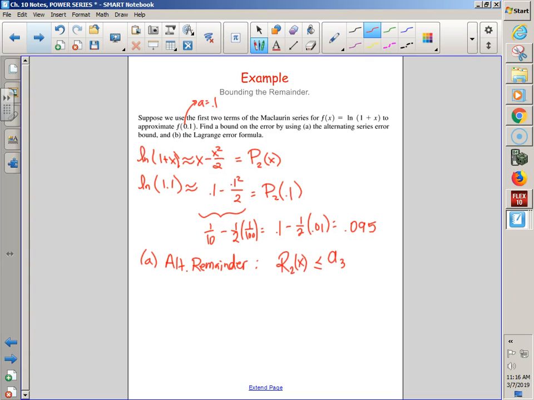So for R2, I'm plugging in 0.1. It's going to be less than or equal to a sub 3. So my remainder is less than or equal to 0.1 cubed over 3.